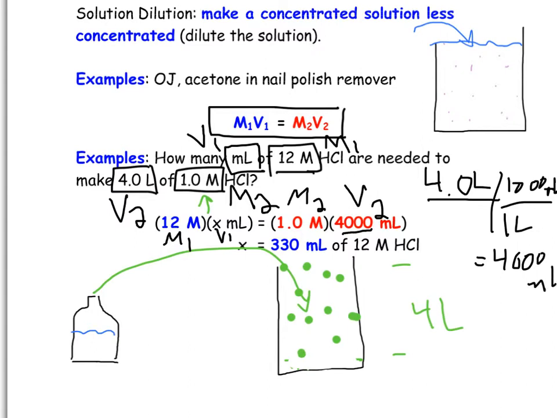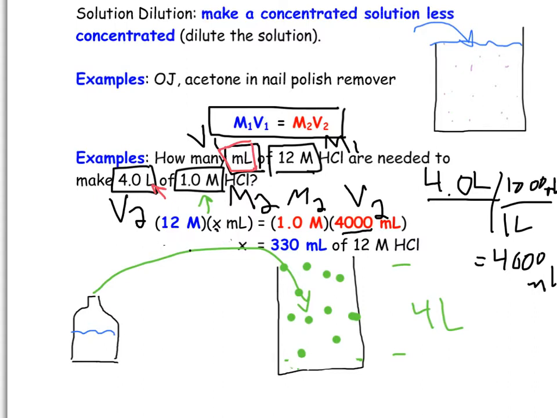You could have left this in terms of liters, and then over here when you solve for this, you would be solving for liters. However, this question specifically asks us to solve for the amount of milliliters. So that is why we converted the liters over to milliliters. And so when we do that, we just use algebra, and in this case we're going to divide by our 12 molarity.